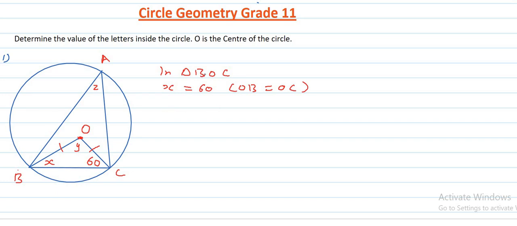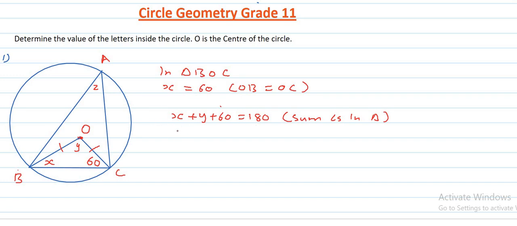So again, in triangle BOC, angle X plus angle Y plus 60 will give us 180. What is the reason? Sum of angles in a triangle. Every time you make a statement, you must give a reason. We already got the value of X. Then the value of X is 60.